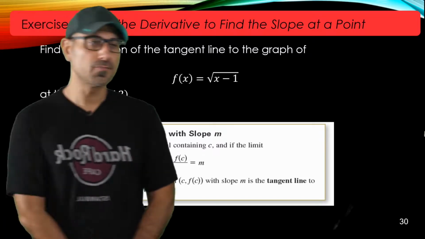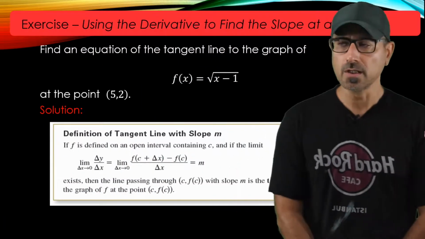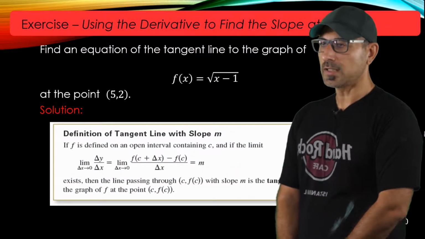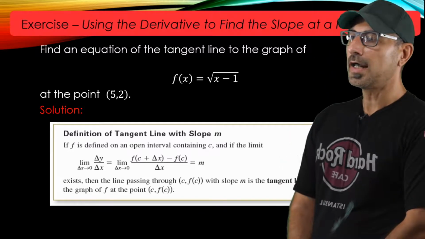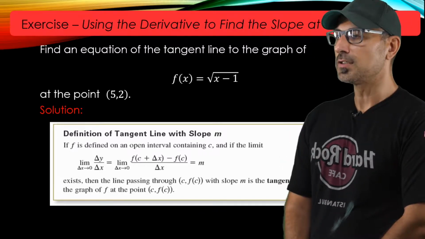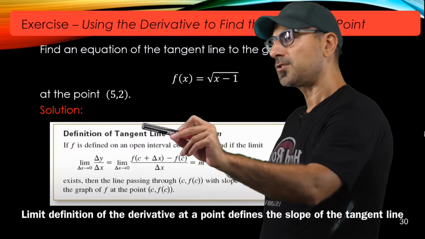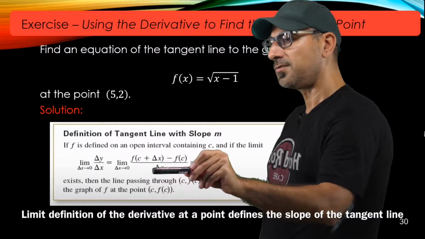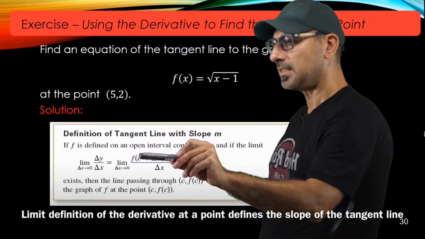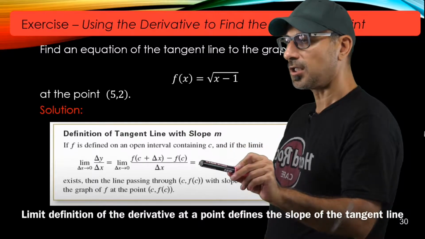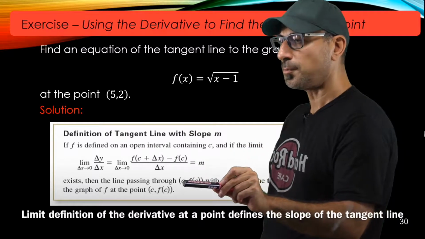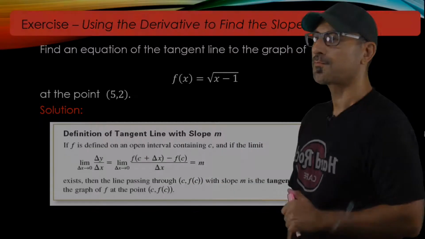what the relationship is between the slope of the tangent line to a function at a point and the derivative of the function. This expression here is the derivative of a function at point c, and that's in fact the slope of the tangent line passing through the point c and f of c.